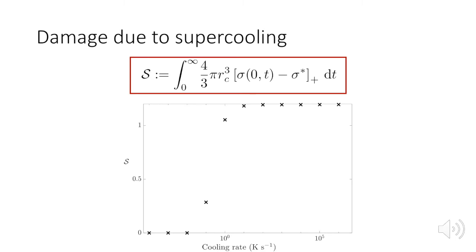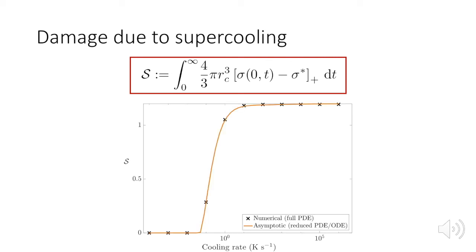Essentially, we need a metric that accounts for the supercooling in the cell above some safe threshold, and that is what is given by the S metric here, which is a proxy metric to quantify the damage due to intracellular ice formation. I've plotted this metric for different cooling rates, and you can see that it increases as cooling rate increases, which is what you would expect intuitively, but our model is able to quantify this.